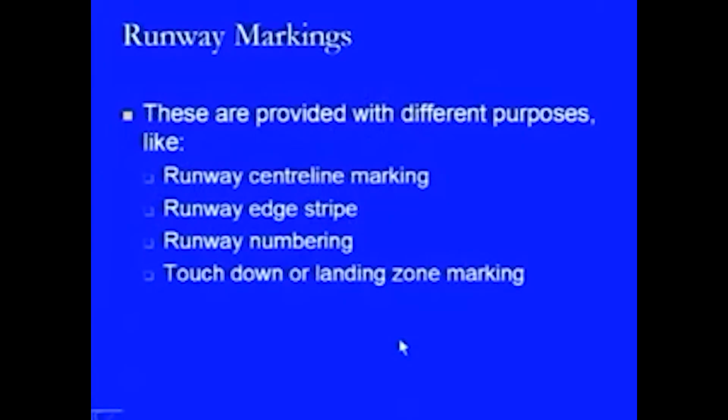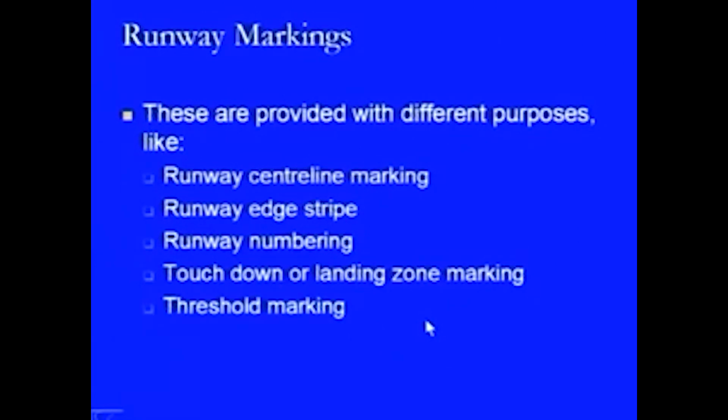So, that is the numbering of the runway strips that all needs to be provided. Then, as we have been discussing the landing conditions, the touchdown zone, also known as the landing zone, needs its marking provided.